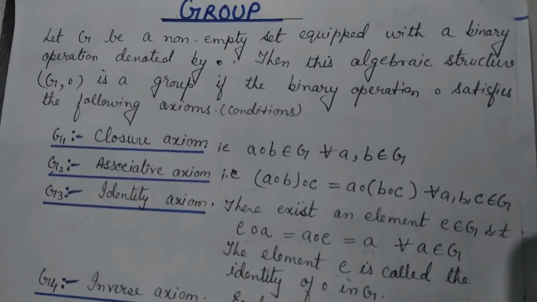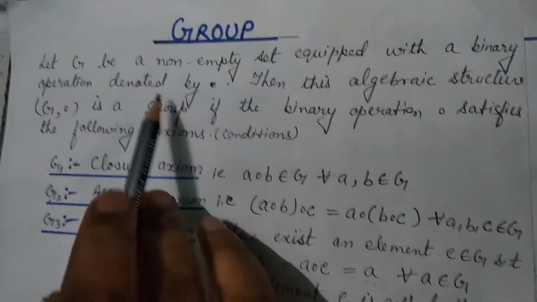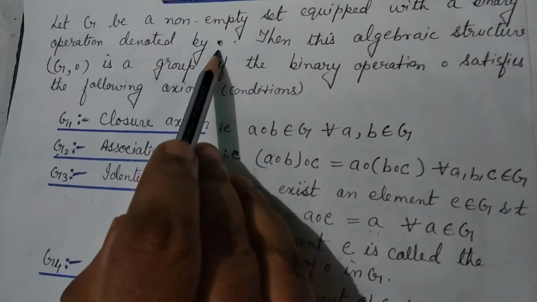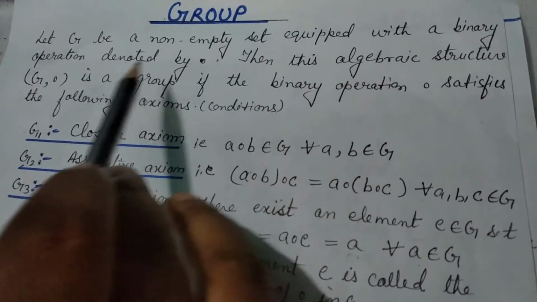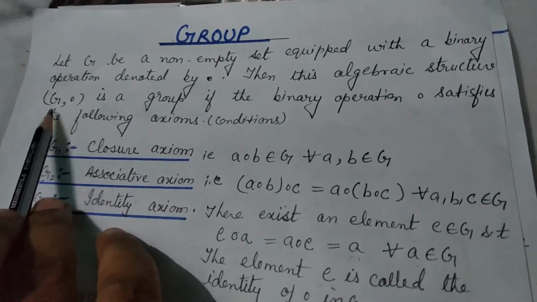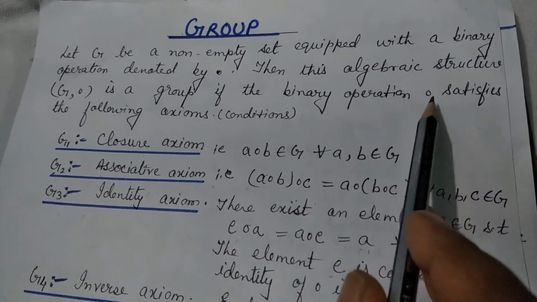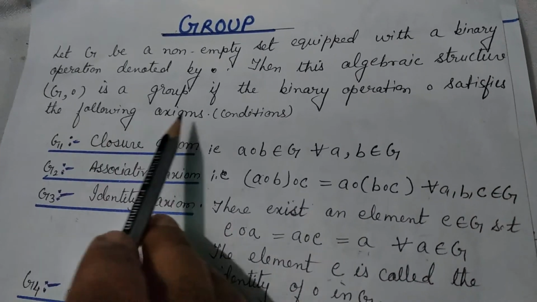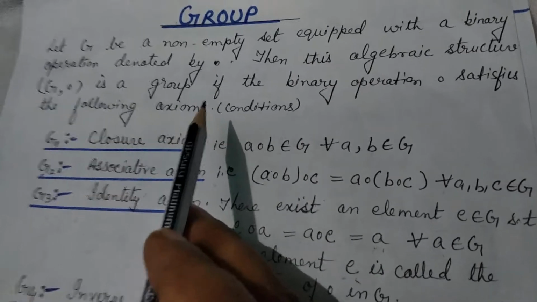Now let us define group. Let G be a non-empty set equipped with a binary operation denoted by o. Then this algebraic structure (G, o) is a group if the binary operation o satisfies the following axioms or conditions.